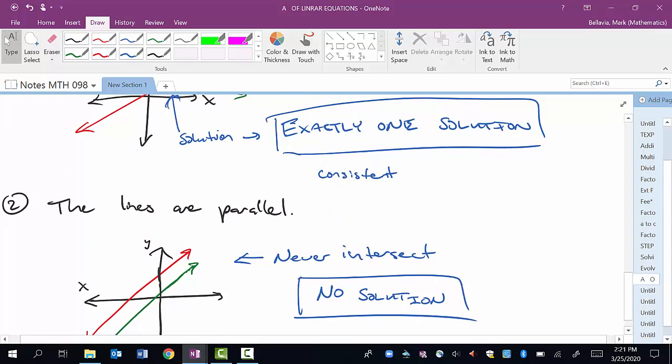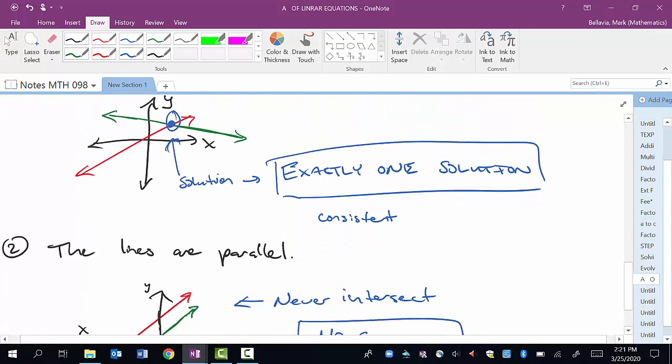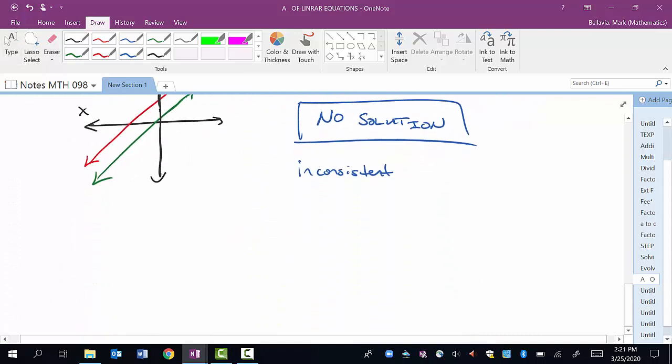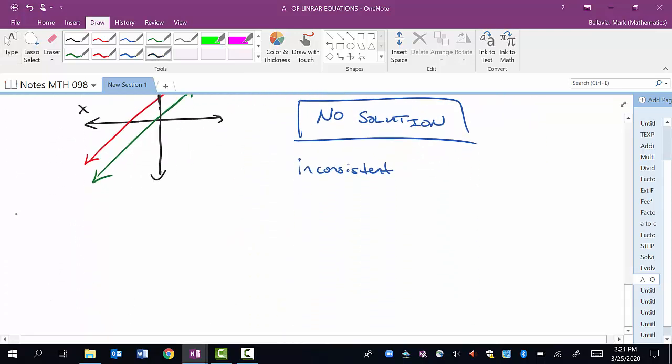Alright, so the possibility so far that the lines intersect at a single point, the lines are parallel, or the third possibility is that the lines are the same.